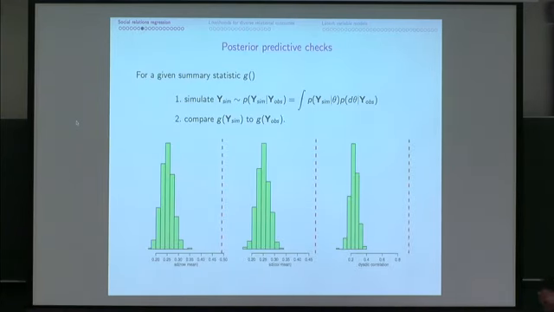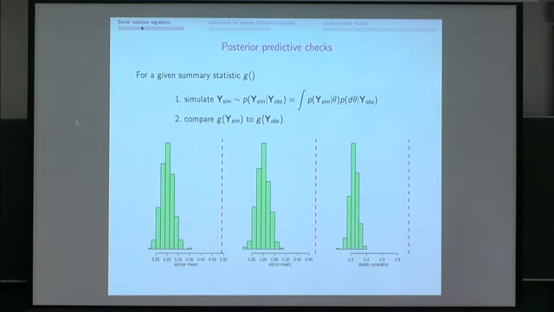Okay, so is this a good model? Is this a good representation of the network data set? One way to evaluate whether your model is a good representation of your data is to look at what your model would predict, to see what other types of networks your model would predict. One way to do this is with a posterior predictive check. You pick a summary statistic, G, which maps a network to some real valued number.